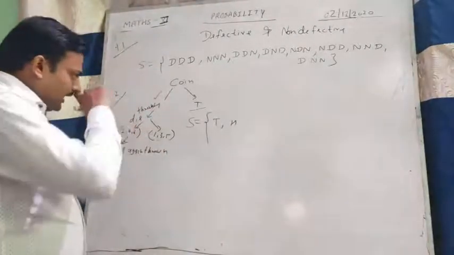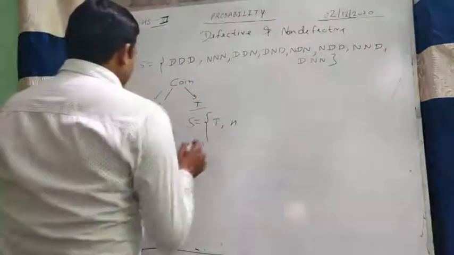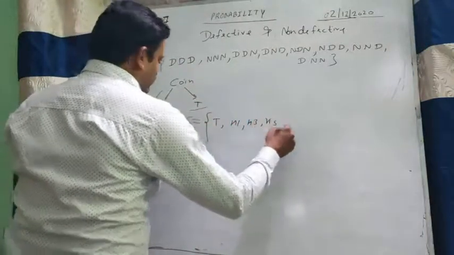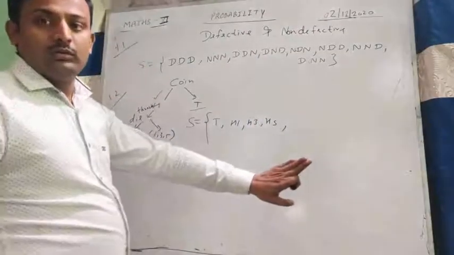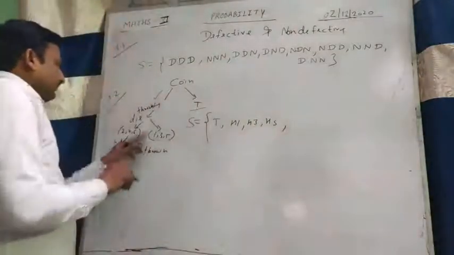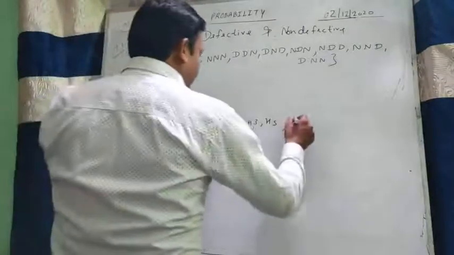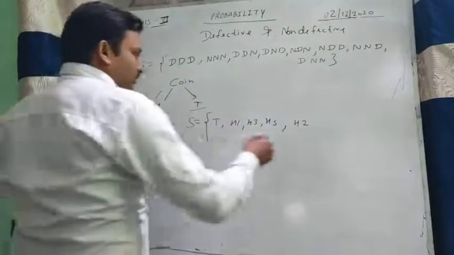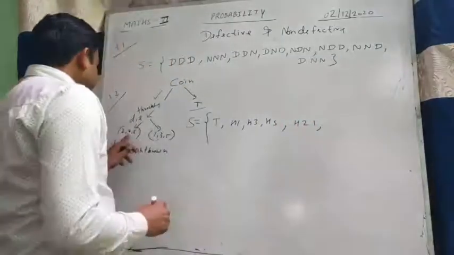After throwing the die, if we get an odd number, we have H1, H3, H5. Then nothing more to do. But if an even number comes, then again throw a die.